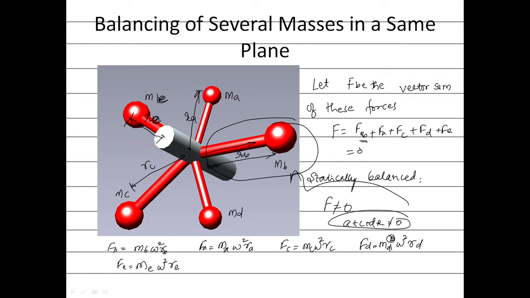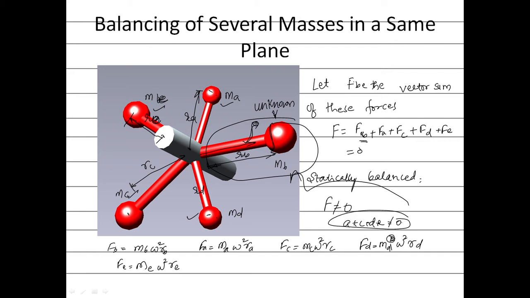Now if these masses are known, and the radii of all these positions of disturbing masses are known, you need to find the unknown parameters. That is the radius of this balancing mass, as well as the mass of this balancing one.